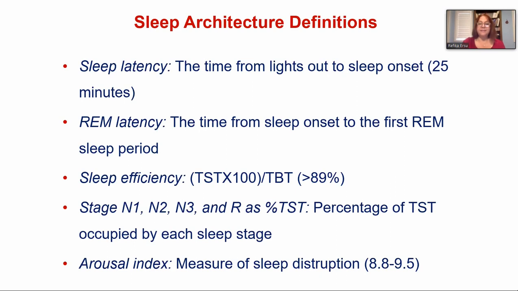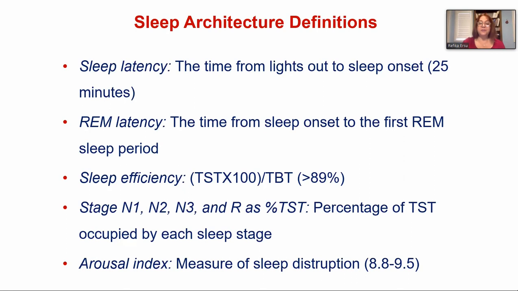REM latency is the time from sleep onset to the first REM sleep period. If this is too short, beyond infancy, less than 15 minutes, then it's important for consideration for narcolepsy. Sleep efficiency is calculated as total sleep time divided by total bedtime.